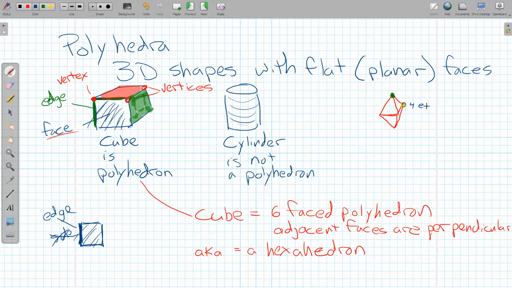So there were 4 edges here, but there were only 3 edges here. Right? So that's irregular. They don't match. Regular, everything's got to match.